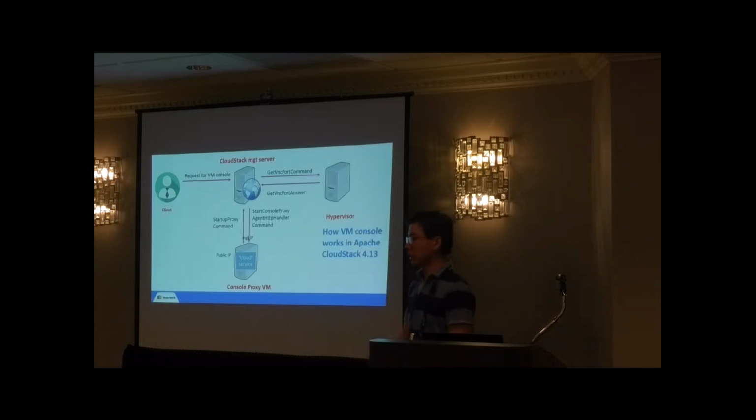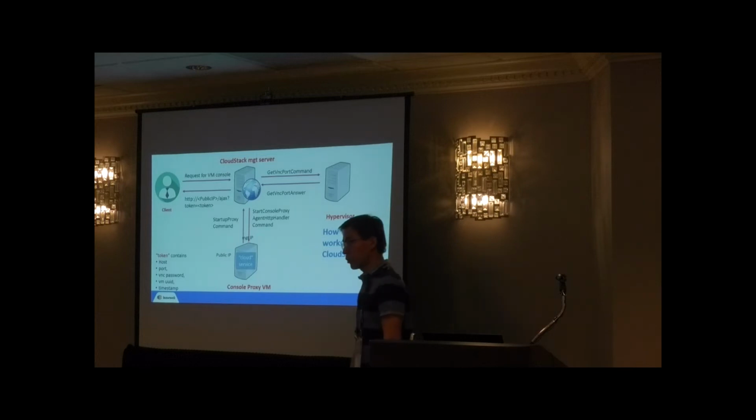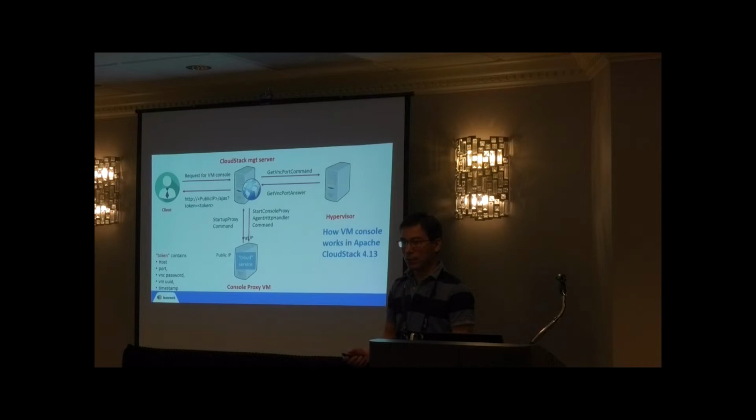It will contain the listen IP and the port of the VM, and the management server will compose the URL which contains the public IP of the console proxy VM and a token. The token is encrypted information, containing the host of the hypervisor and the VNC port, VNC password, VM UUID, and the timestamp.